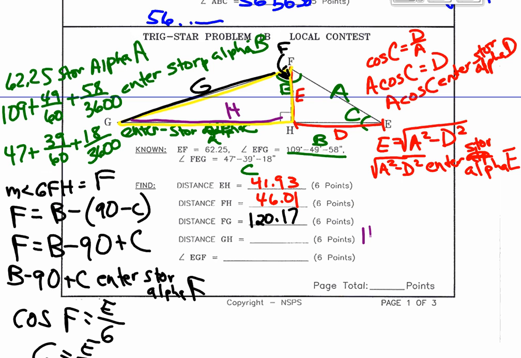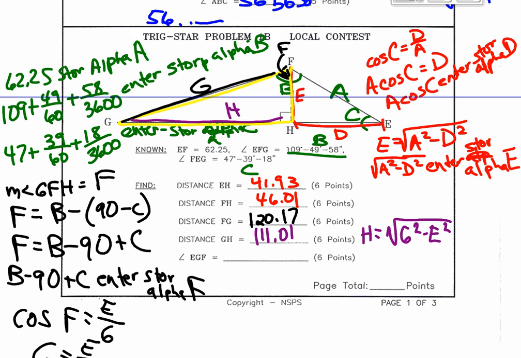And so that is going to be H, and it's going to be the square root of G squared minus E squared, because the B was that big angle. And when you get that one, it is 111.01.